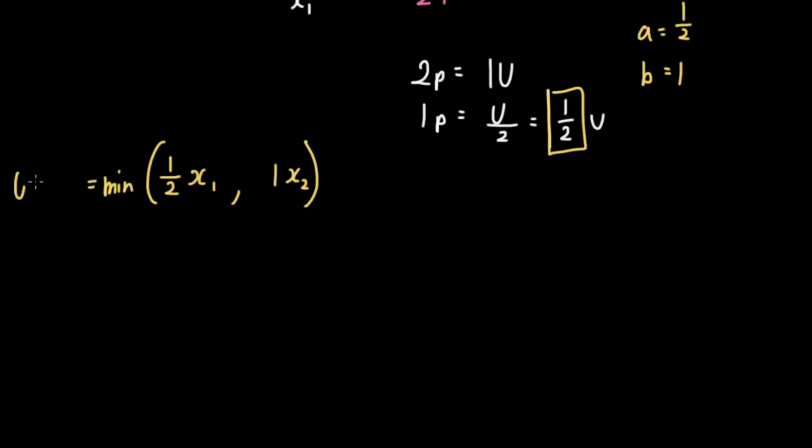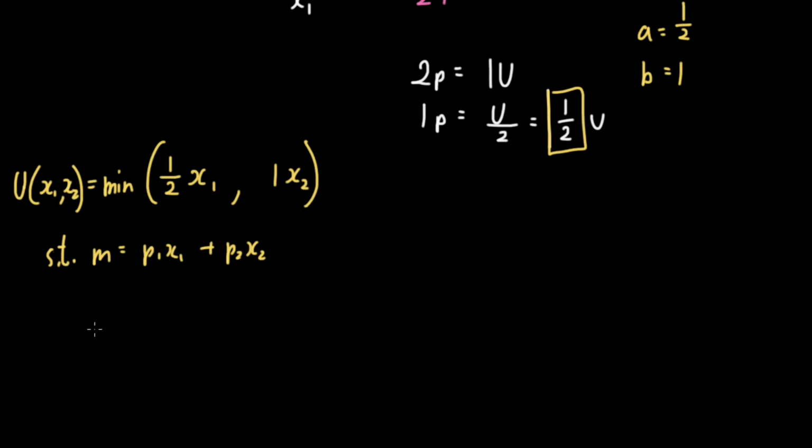So u as a function of x sub 1 and x sub 2 is equal to the minimum of 1/2 x sub 1 and 1 x sub 2, subject to, so the consumer this time has a budget constraint, m is equal to p1 x1 plus p2 x2. And so what we want to do is to maximize utility given this utility function and this budget constraint.